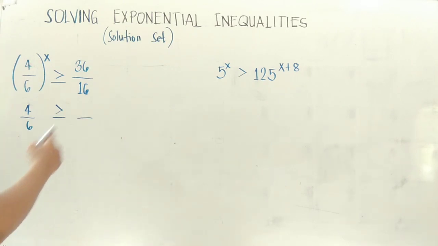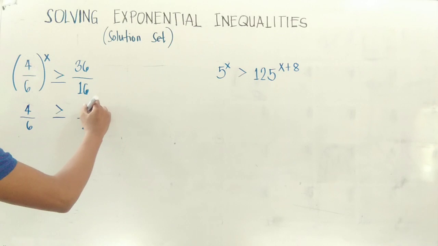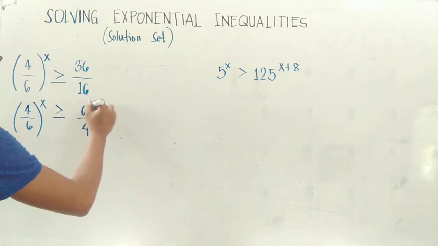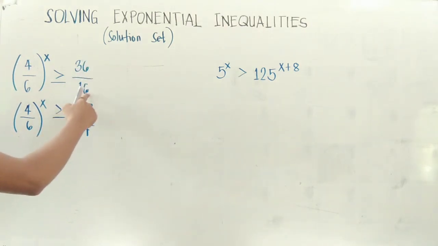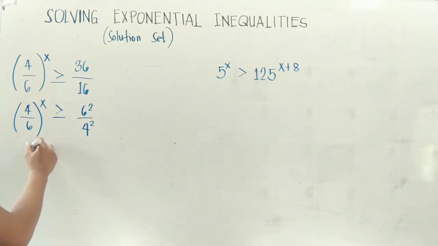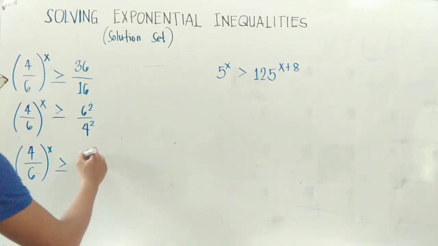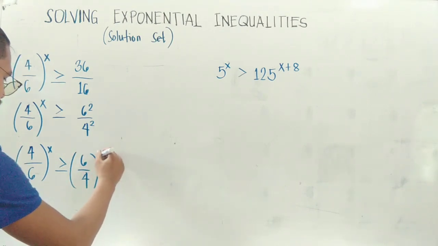And this one will become 4 over 6. So are you following? So writing the exponent x, of course, 6 squared is 36 and 16 is 4 squared. Or, simplifying, we have 6 over 4 squared.